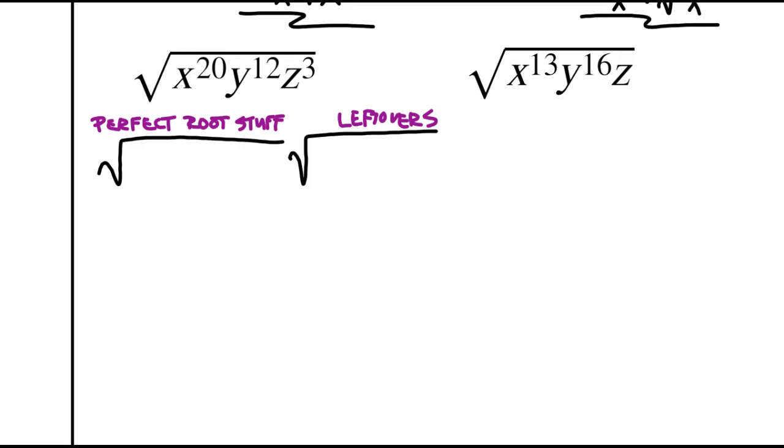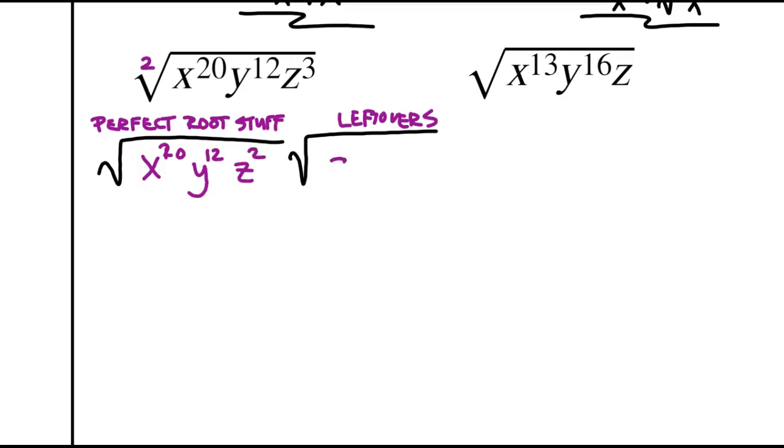What's a perfect root of x to the 20th? Is that whole thing a perfect square root? Okay, good. What about y to the 12th? Yep, because if this is square root and those are all multiples of 2, is z to the 3rd a multiple of 2? Nope, but the next smallest number that is, right?